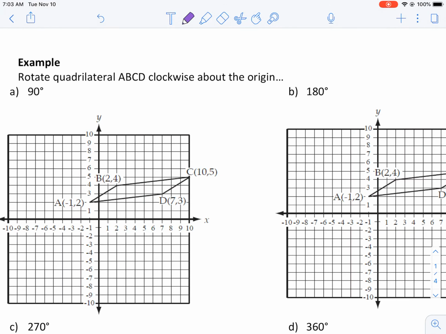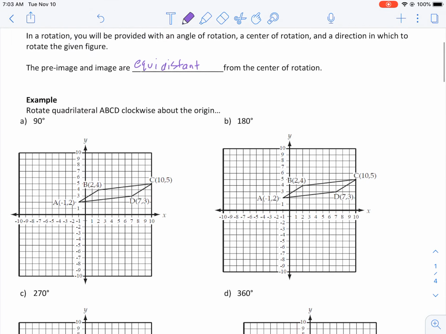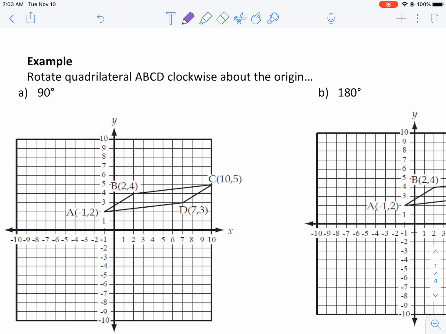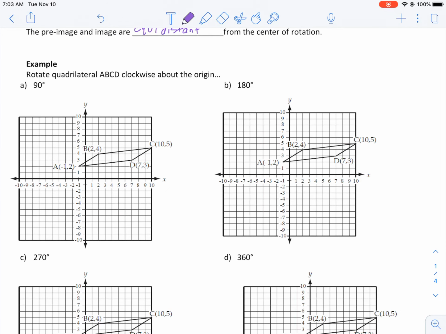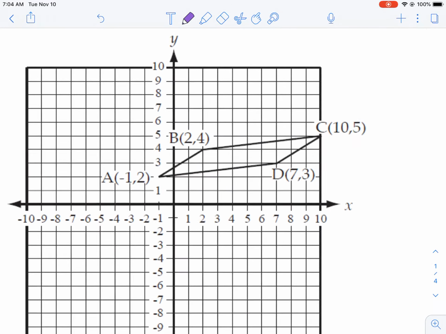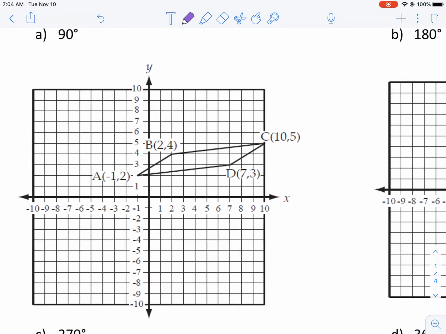Now, for all of these four that we're going to do here, we're going to be rotating clockwise. So remember, clockwise is this way. If it says 90 degrees clockwise, we're moving this way. We're only going to be rotating these four angles right here: 90 degrees, 180, 270, 360. Well, really not even 360, but I just threw that on there to talk about it.